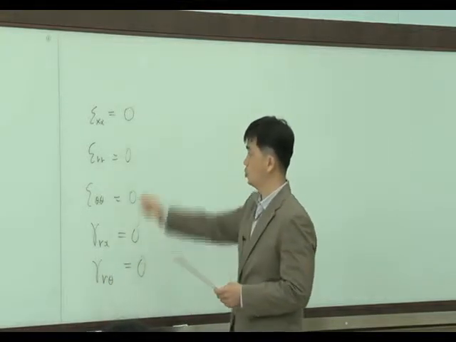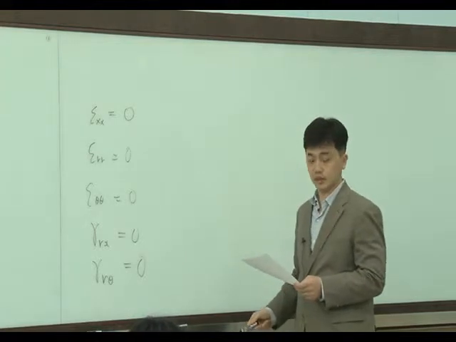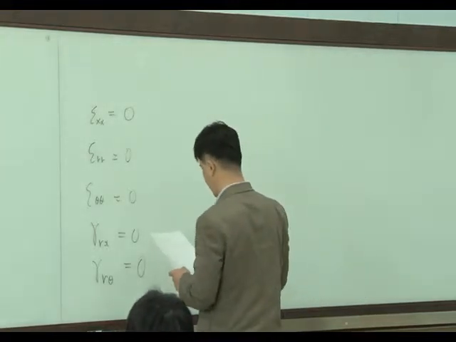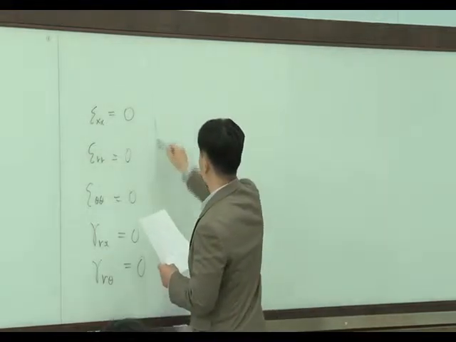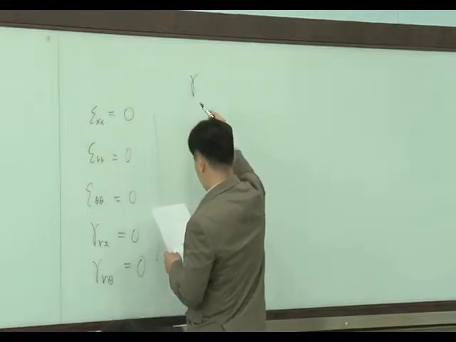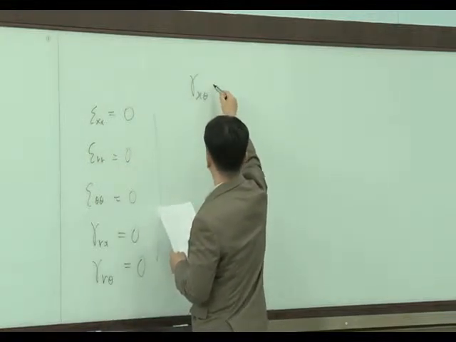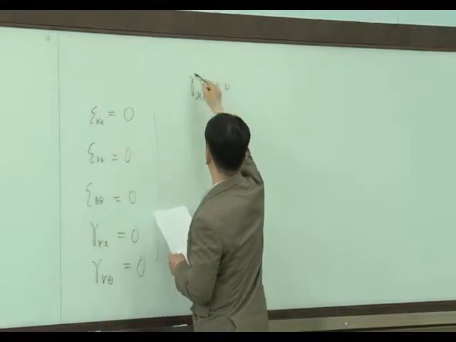So all the strains are 0 except for strain x theta, which is not 0.